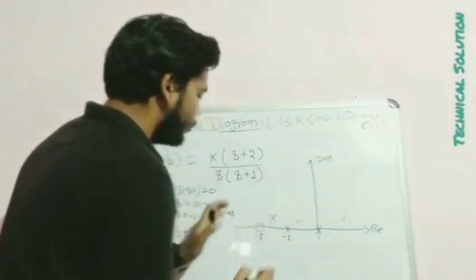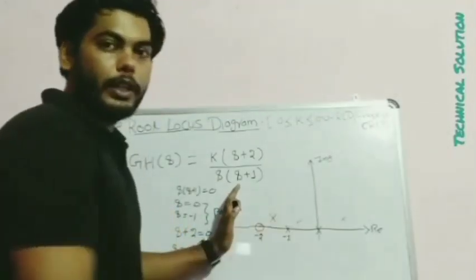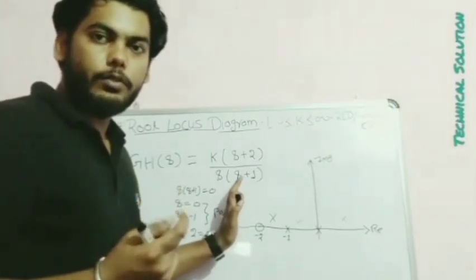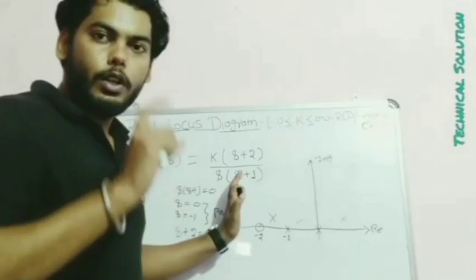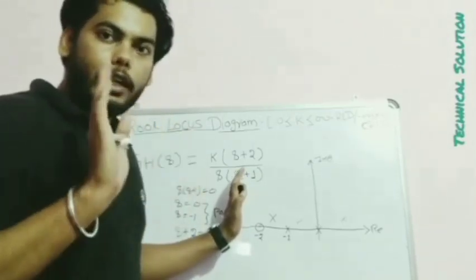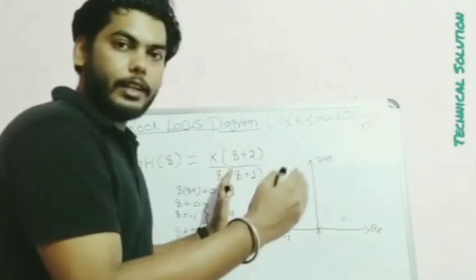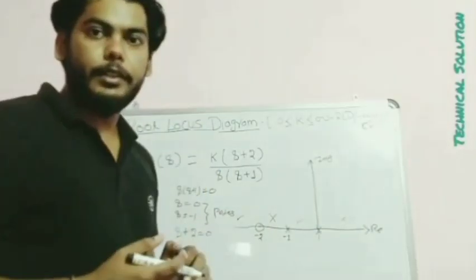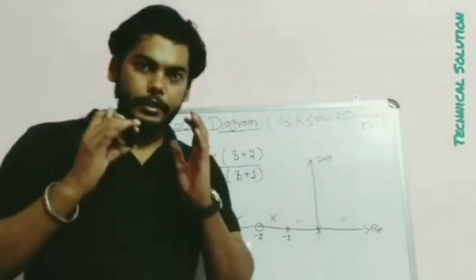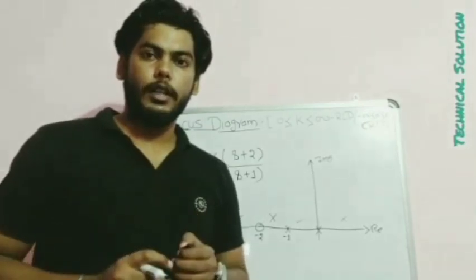And if we put our hand to the left of minus 2, then we see 2 poles and 1 zero, overall an odd number, are present on the right side. So the root locus diagram is present here. This is the meaning of the fourth point of the root locus diagram.